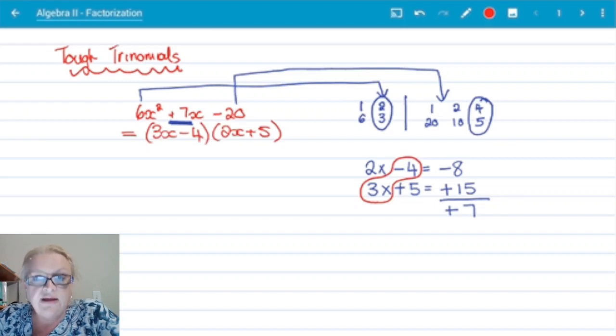So let me go through that again. We write down the factors of the first, the factors of the last, pick those that are closer together, multiply them in your head until you found a combination that'll work to get the middle value.